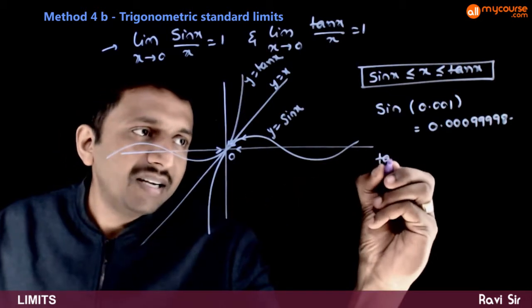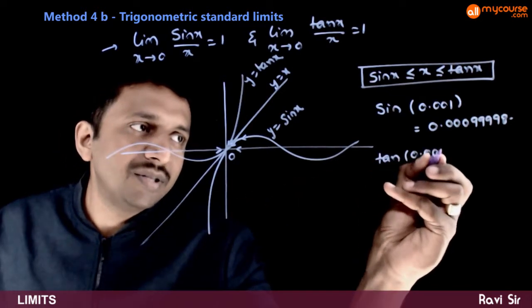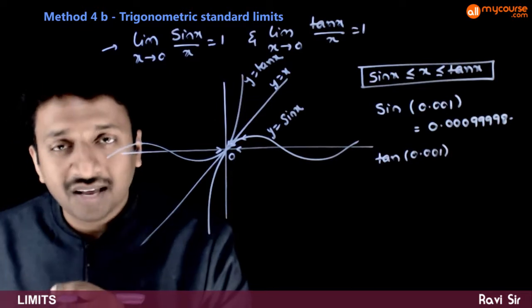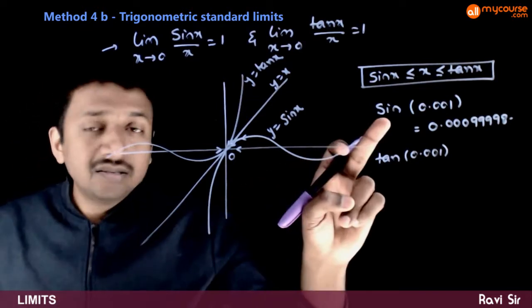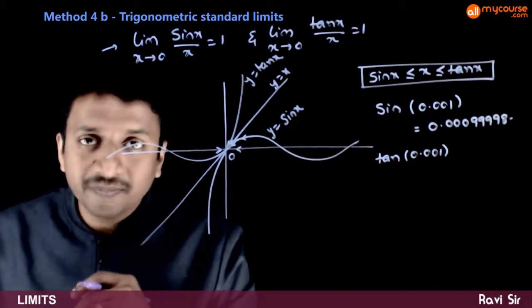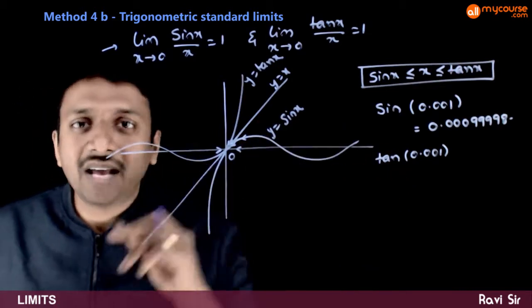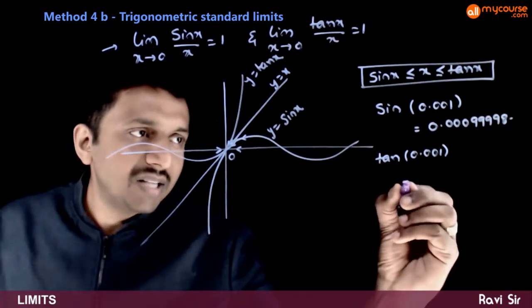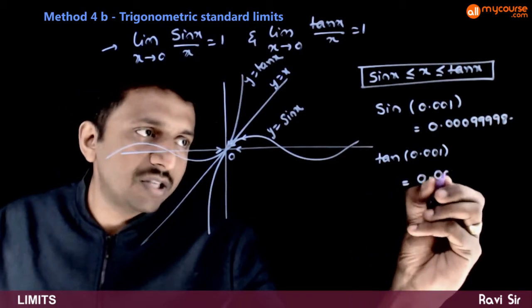Similarly, if you find tan of 0.001, you can use your calculators. I would encourage you to do that. Just turn your units into radians and try to calculate tan of 0.001. This time you get some value which looks like this.